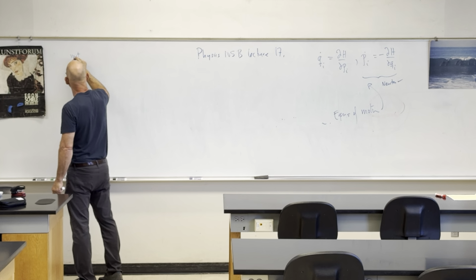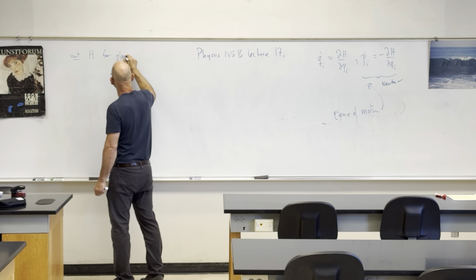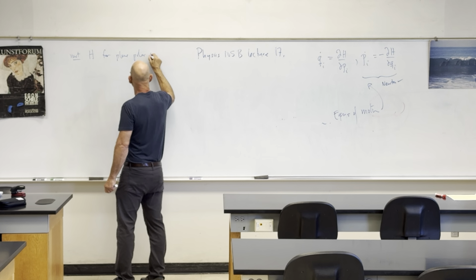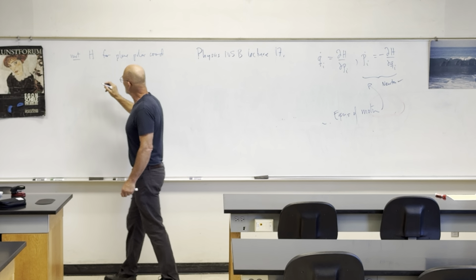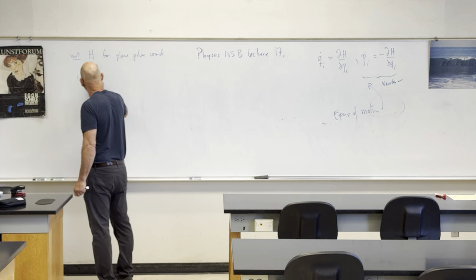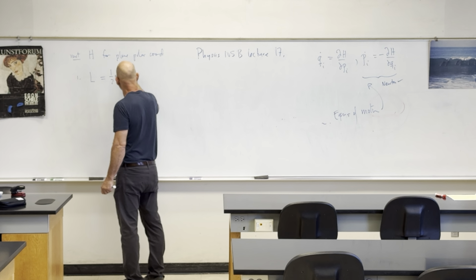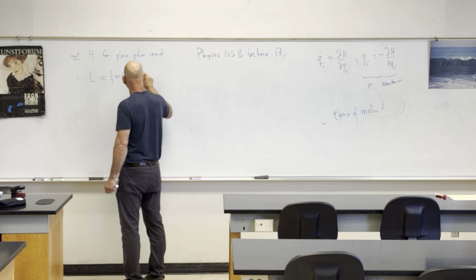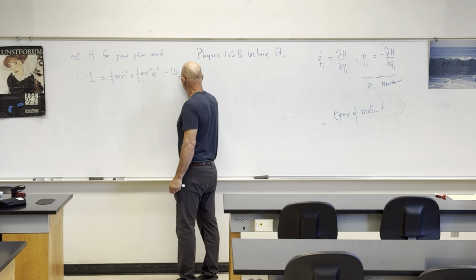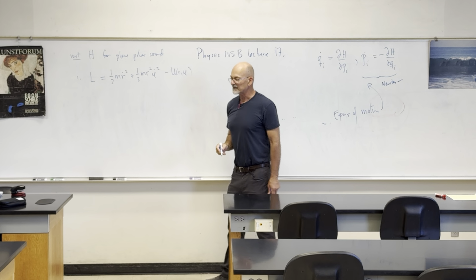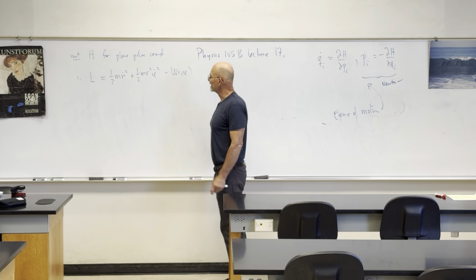So next, the Hamiltonian for plane polar coordinates. This is a bit more general than the central force, so we can do a little bit more. Our first step, L is a half m r dot squared plus a half m r squared phi dot squared minus U of r and phi. By hook or by crook, we get the Lagrangian, there it is.